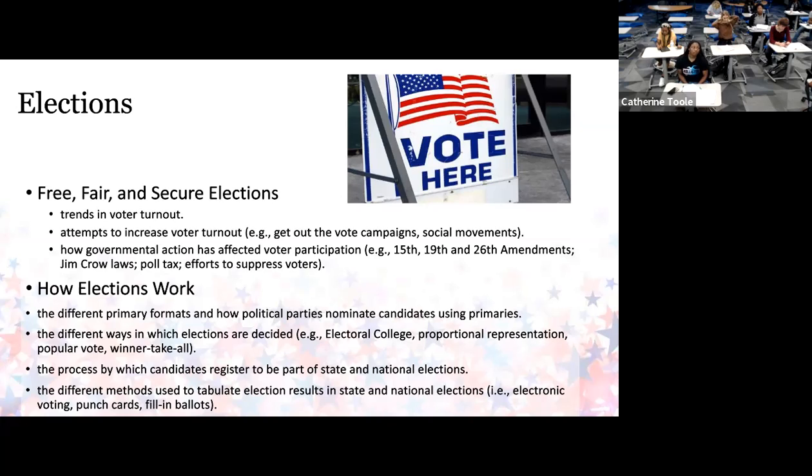So many things affect how elections work. Who's the Secretary of State for that state? How do they count votes? Are there observers? If you've been paying attention at all to the news, how votes are counted has become a big deal here lately.